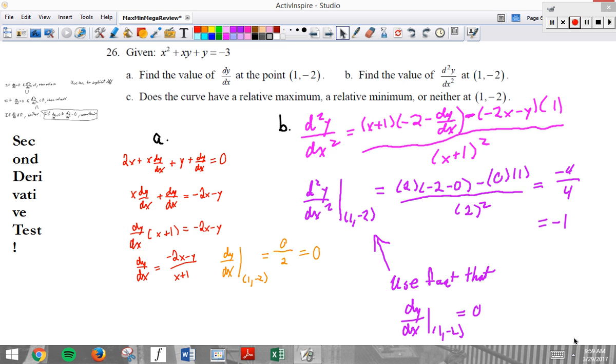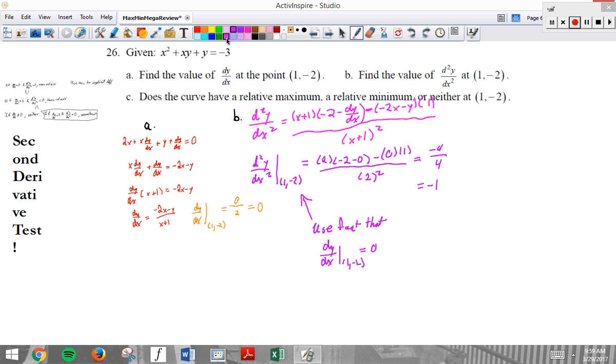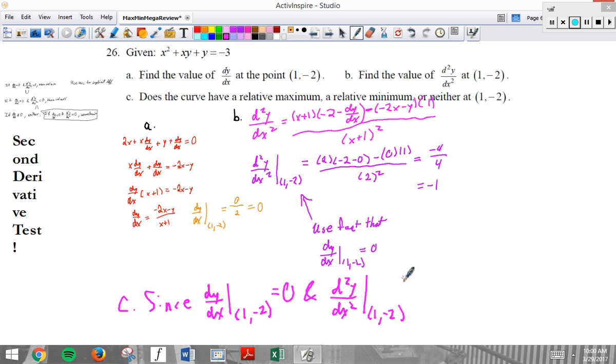So part C. Since dy/dx evaluated at (1, -2) is 0, and the second derivative evaluated at (1, -2) is less than 0, negative, the curve has a relative, which one is it?